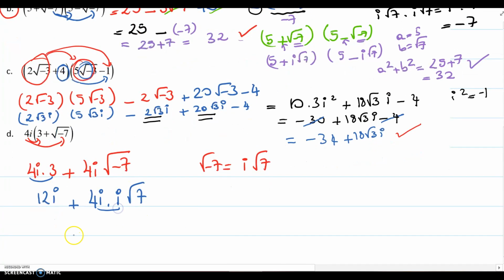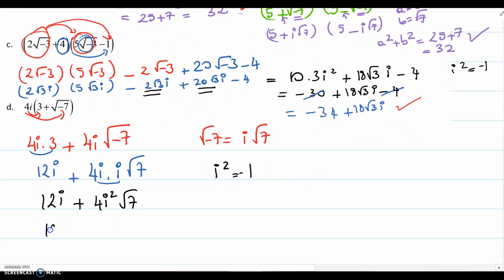So i times i is i squared. 12i, 4i squared, square root of 7. i squared was negative 1. 12i minus 4 square root of 7.